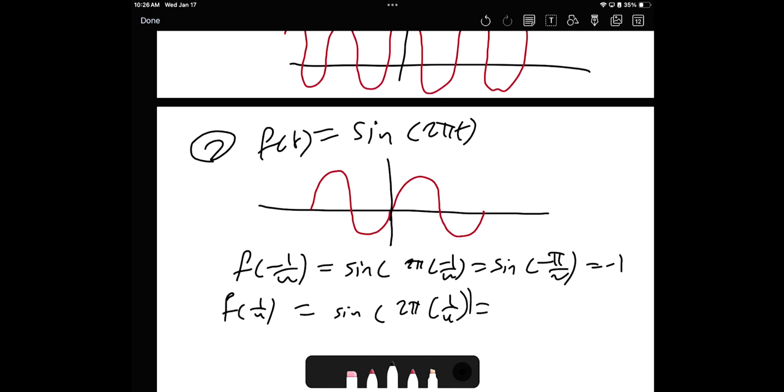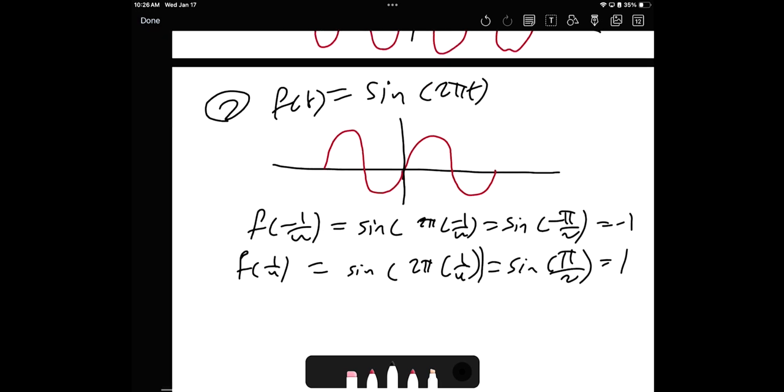Therefore, it will be sine of pi over 2, which is sine of 90 degrees, equal to 1. Therefore, f of 1 over 4 equals negative f of negative 1 over 4. Then we will say it is right.